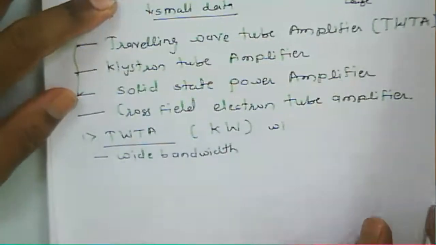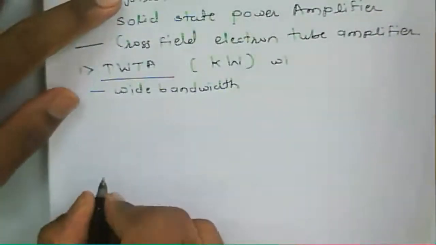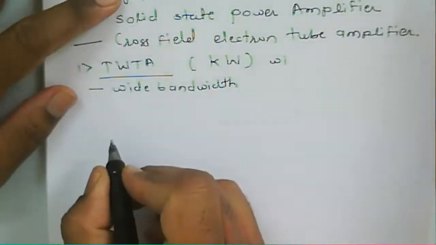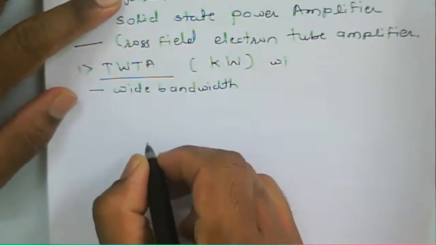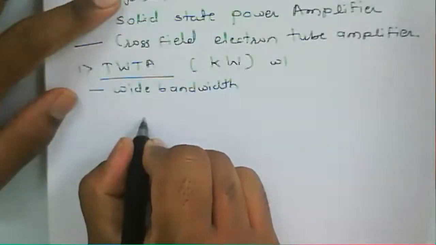Now if you see the construction of a traveling wave tube amplifier, it has a slow wave structure inside it, and your signal propagates through that slow wave structure.